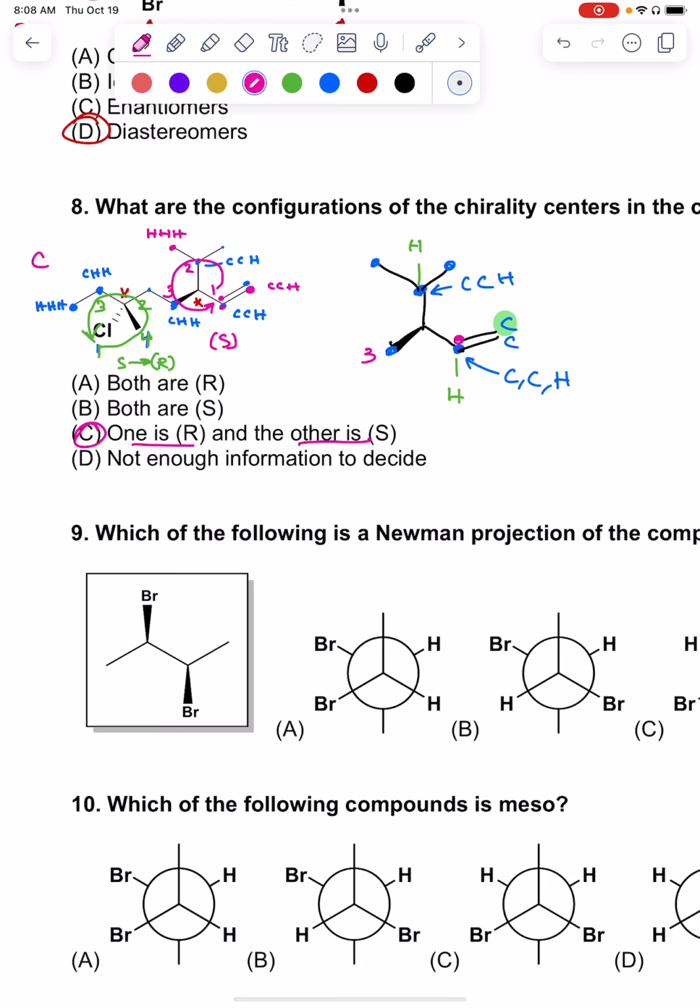So now I'm going to say there's 1 carbon here, and there's 1 carbon here, and there's also a hydrogen over here. 1, 2, yeah, 3. There's actually 2 hydrogens, but we're just going to count one of them.